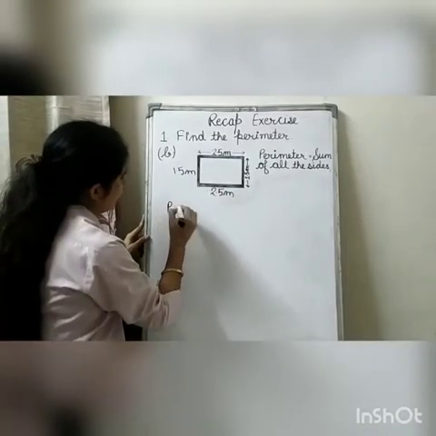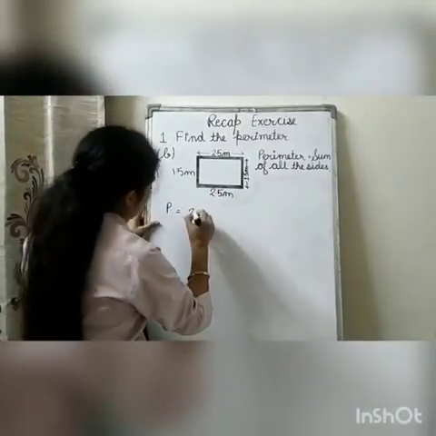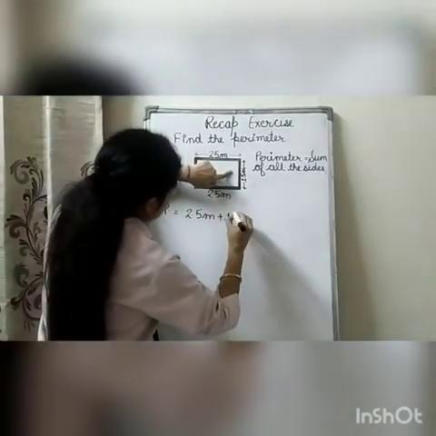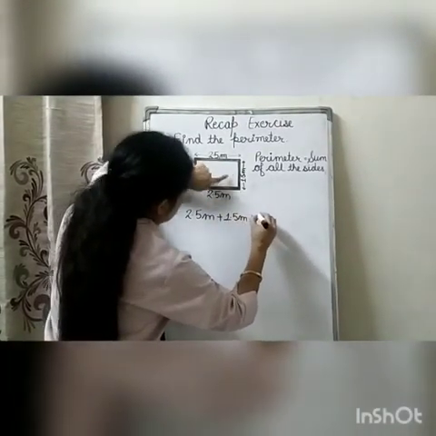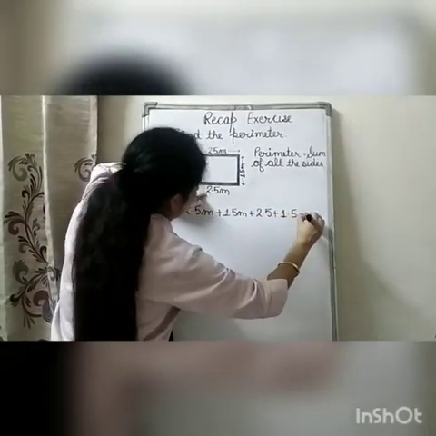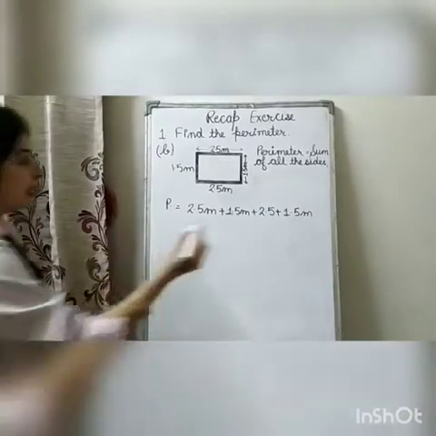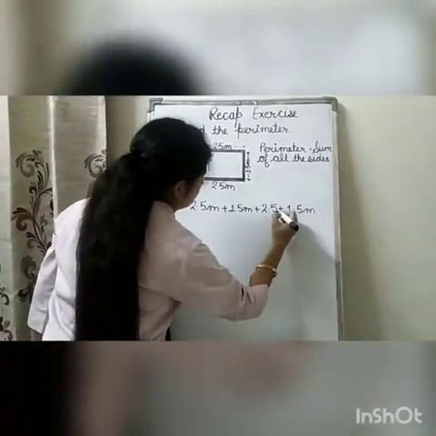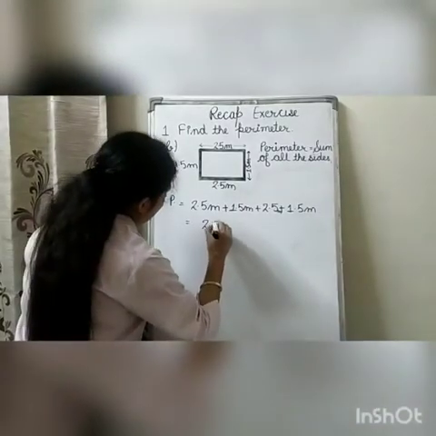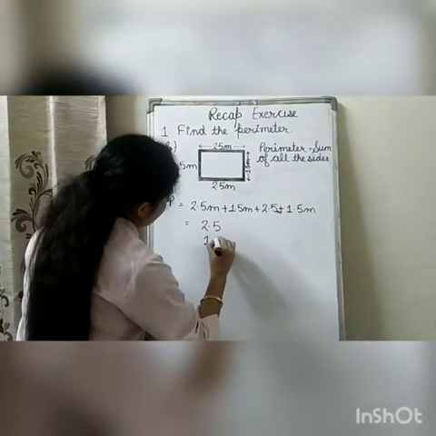Now the formula of perimeter is sum of all the sides. So here we will write perimeter is equal to, we will add all the sides, 2.5 meter plus 1.5 meter plus 2.5 meter plus 1.5 meter. Remember, meter is very important to write.